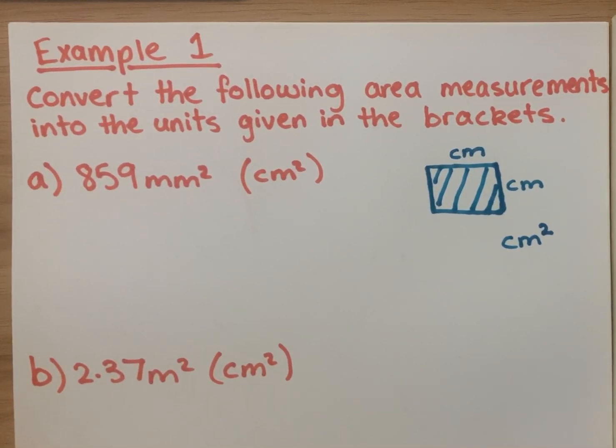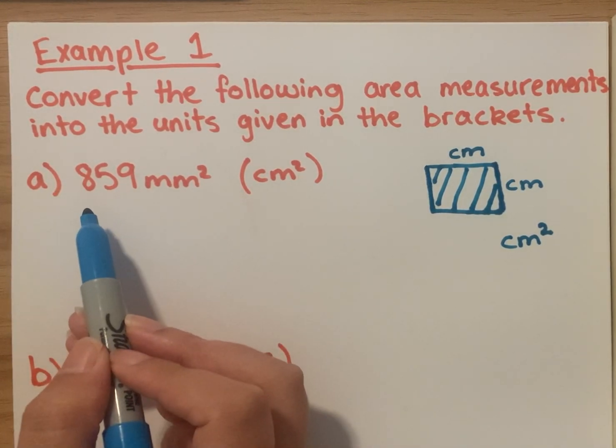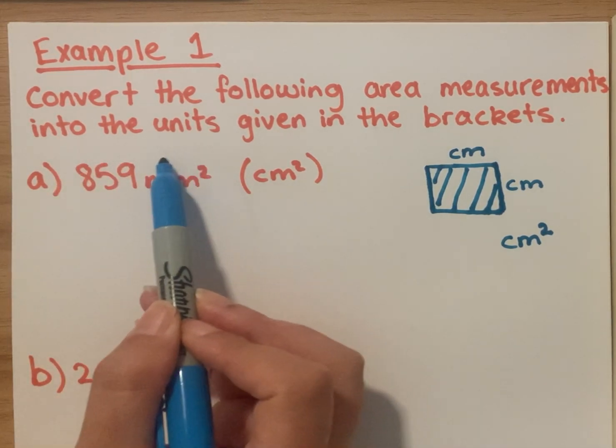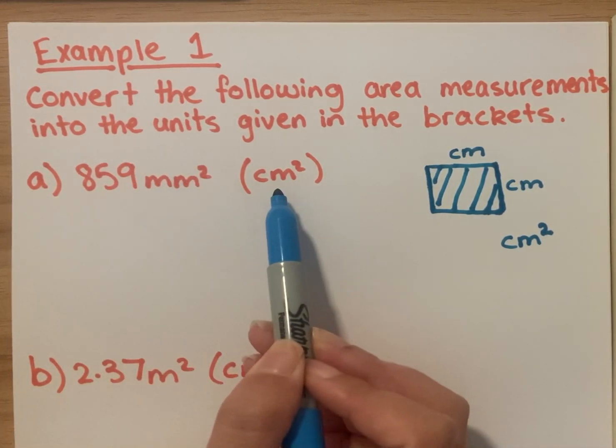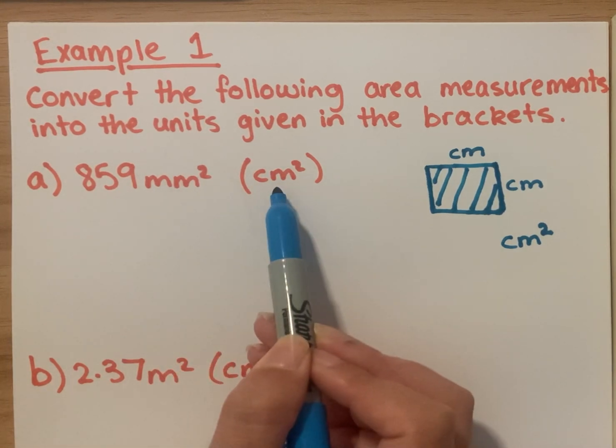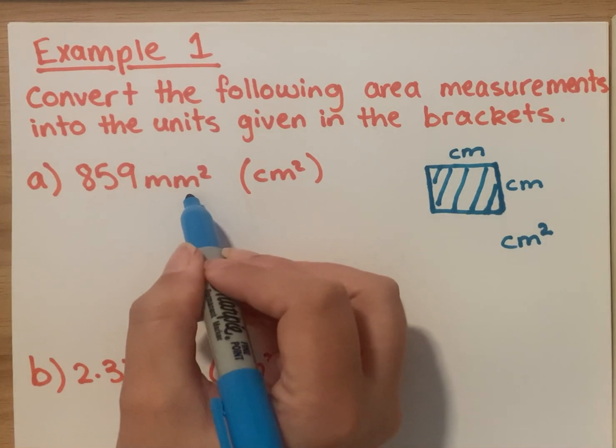So when we're talking about area, we're talking about squares. And we're going to have to use squares in our conversions as well. So if we come over here to the first example, we need to convert 859 square millimeters to square centimeters. So we're going from square millimeters to square centimeters here.